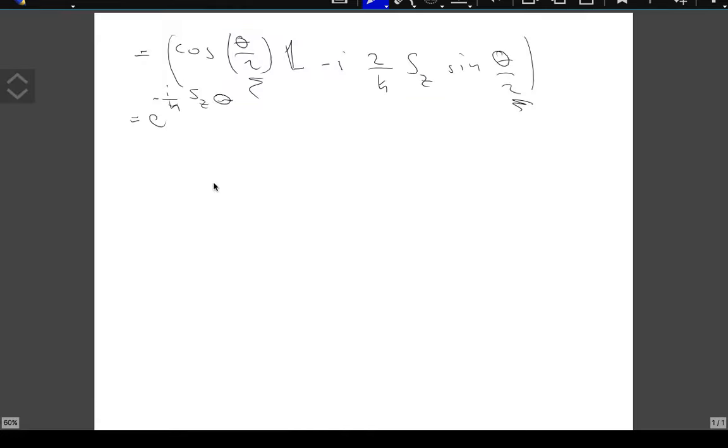Well, this is what we had derived for the rotation operator for rotations around the z-axis for the spin 1/2 system. And if you just take an arbitrary ket, we can write it as C plus times the plus state plus C minus times the minus state. So let's just rotate it by 2 pi.